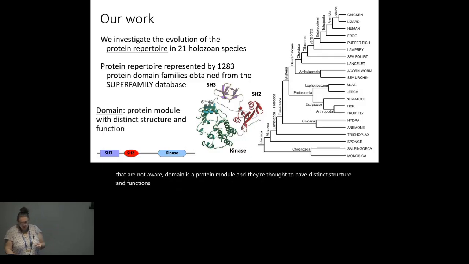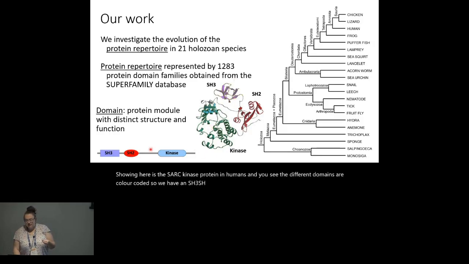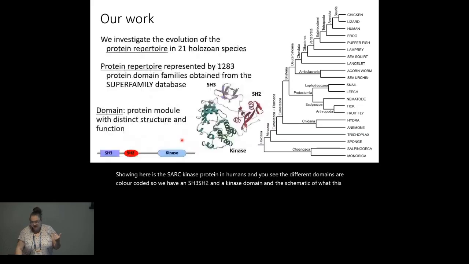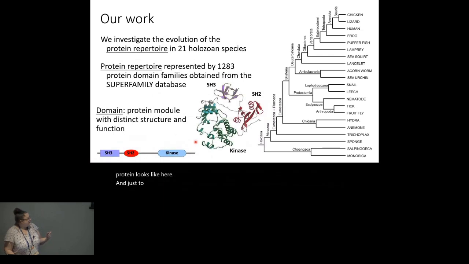I'm showing here, let's see, the pointer. Showing here is the Src kinase protein in humans, and you see the different domains are color-coded. So we have an SH3, SH2, and a kinase domain, and the schematic of what this protein looks like here. Just to note, these are thought to have distinct functions.